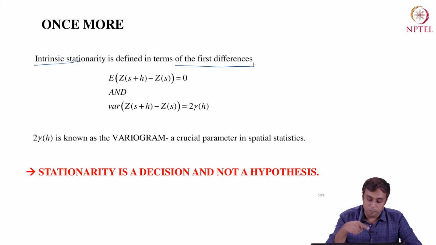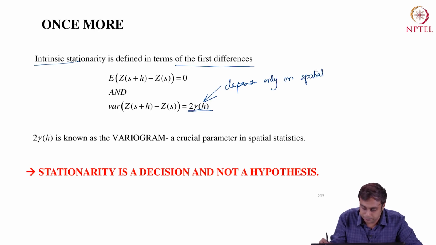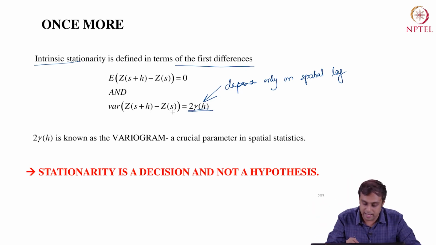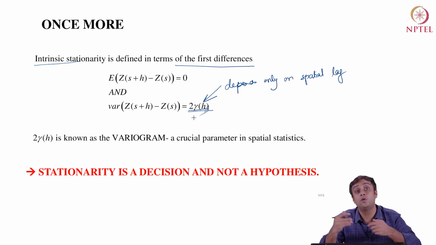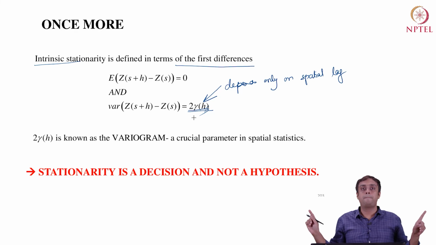Okay. Variance of Z(s+h) minus Z(s) is equal to 2 gamma(h), depends only on h, only on the lag vector, only on spatial lag. If it depended on locations, that is to say that it also depended on, let us say, s, that is which location are you starting at, then it would not be intrinsic stationary.